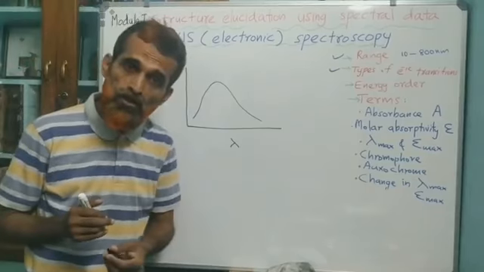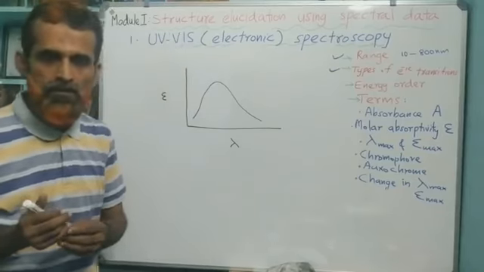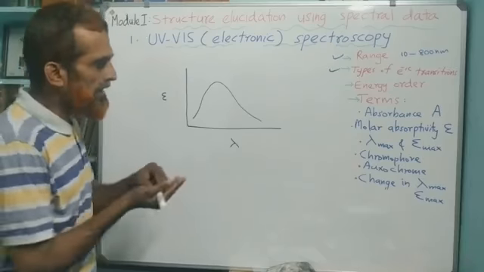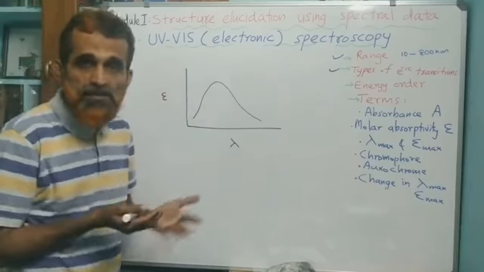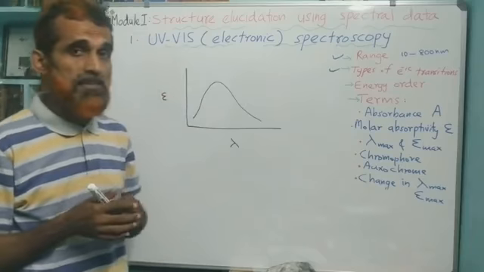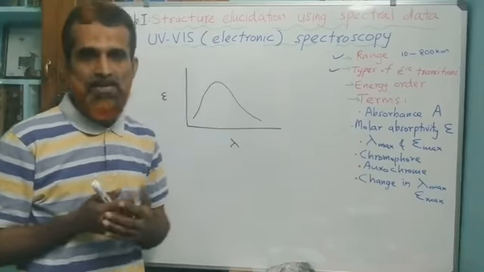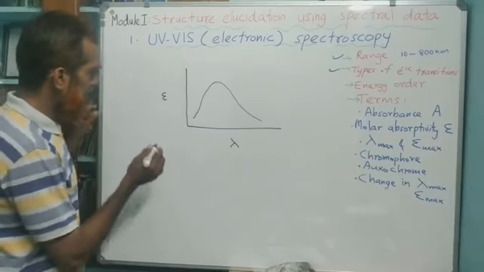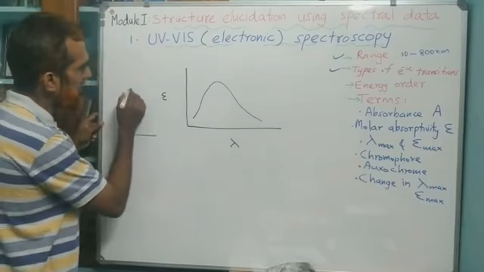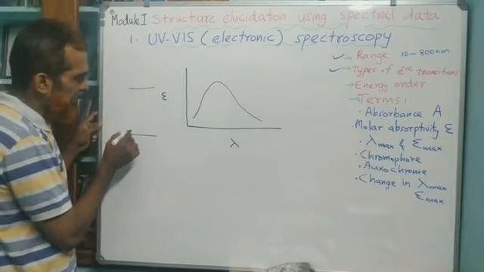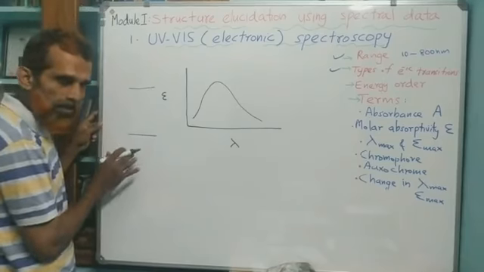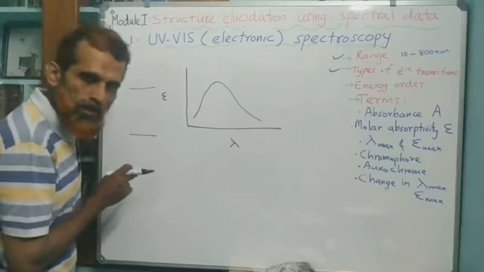Why is it broad? You might have learned it. It is because electronic transition is always accompanied by vibrational as well as rotational transitions. During electronic transition, this is the ground electronic level, this is the first excited electronic level.